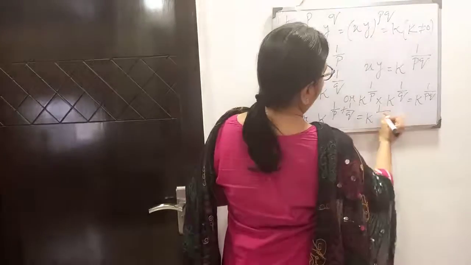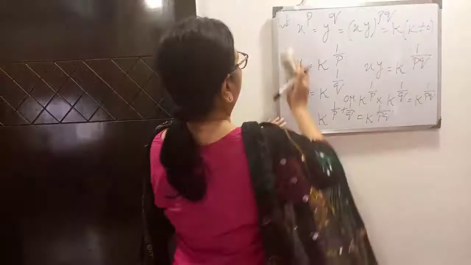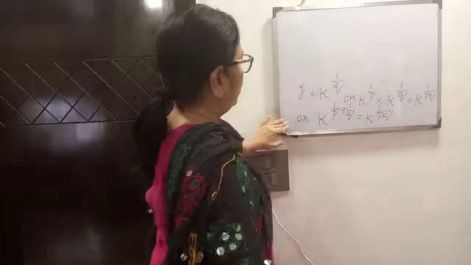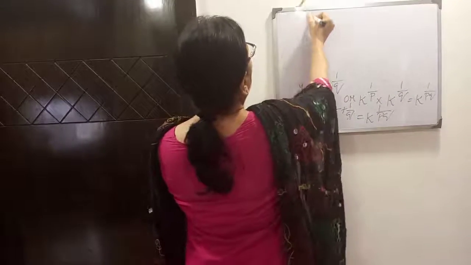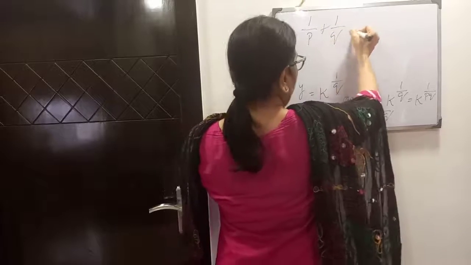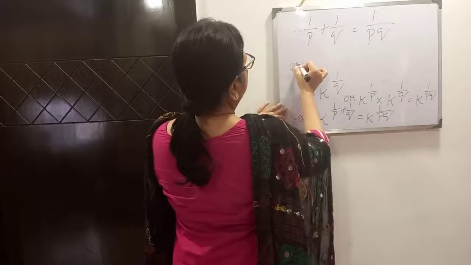Now this. Then next, the base is the same, so we will equate the powers. Therefore 1 by p plus 1 by q equals 1 by pq. Now take LCM.